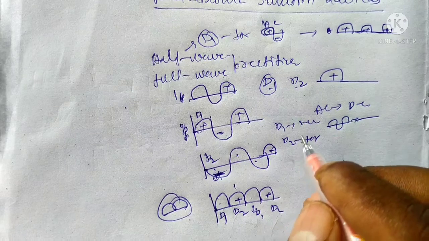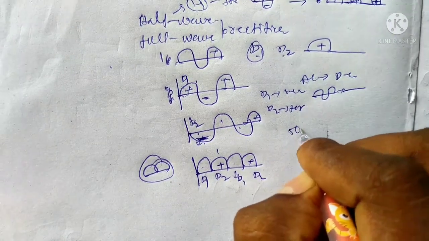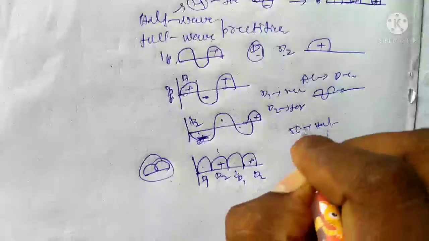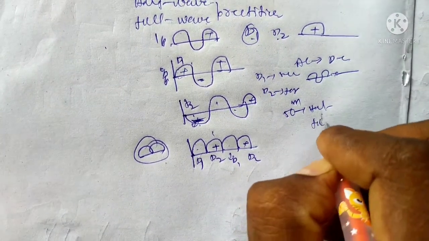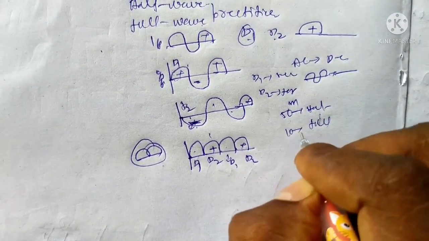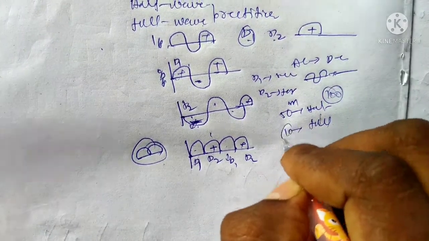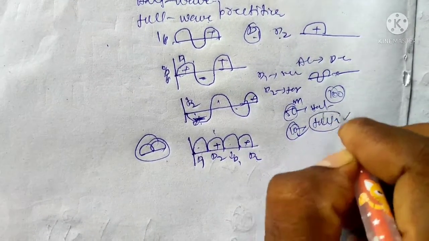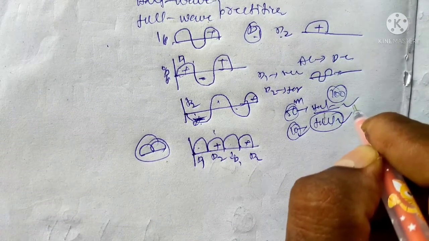The full wave rectifier has great advantages compared to the half wave rectifier. For example, charging a mobile with a half wave rectifier takes 50 minutes, whereas with a full wave rectifier it takes 10 minutes for 100% charging. That means the time is less, so the full wave rectifier has more advantages.